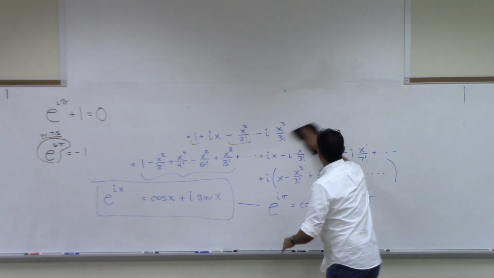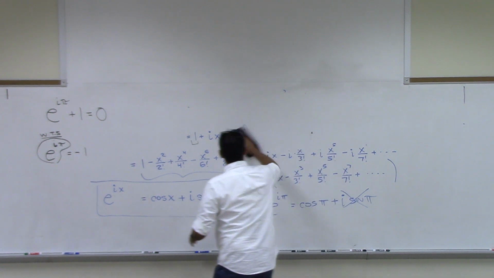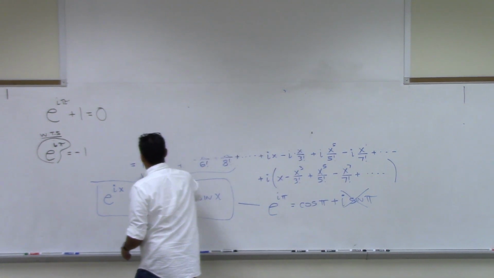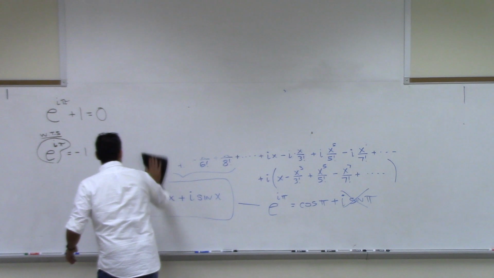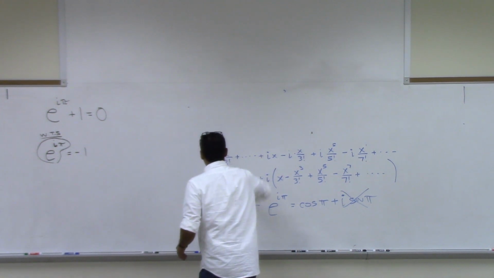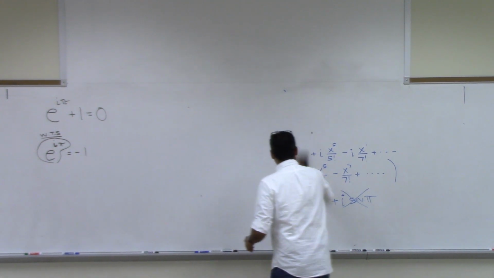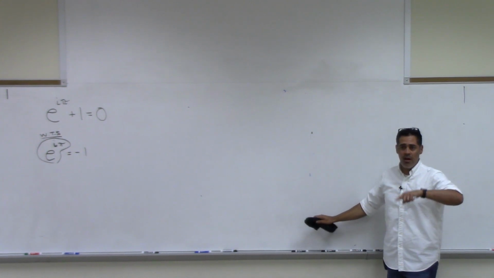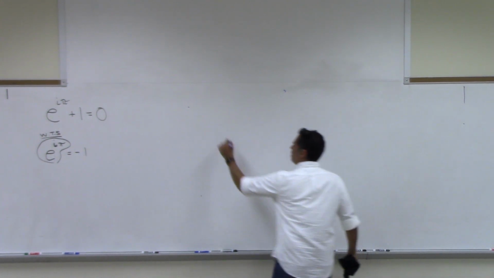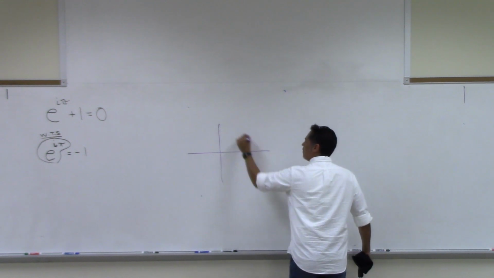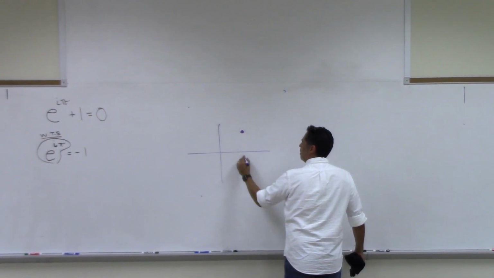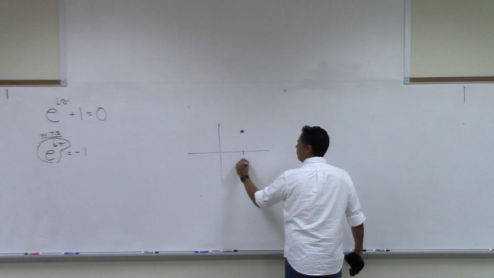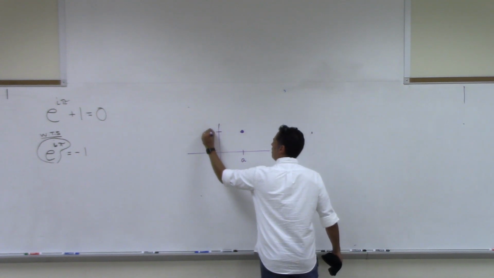So in a class called complex variables, what you learn is that every number in the complex plane, because I told you you need 2 dimensions to draw a complex number, has some a and b.